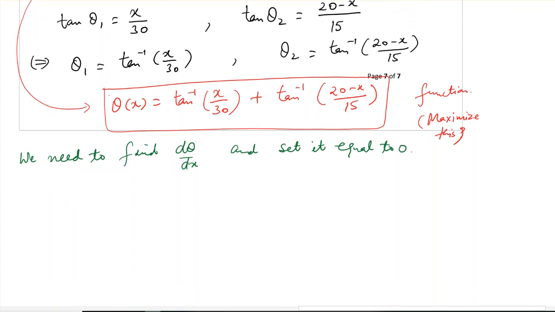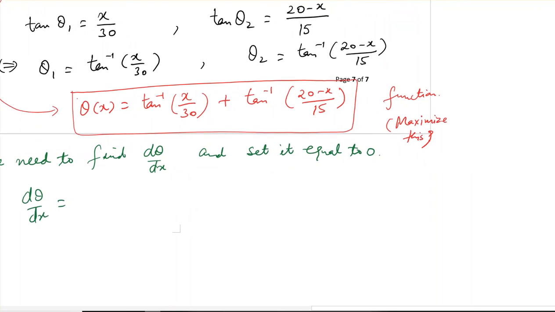If you remember, last time we did the derivative formula for tangent inverse x, which was 1 over 1 plus x squared.